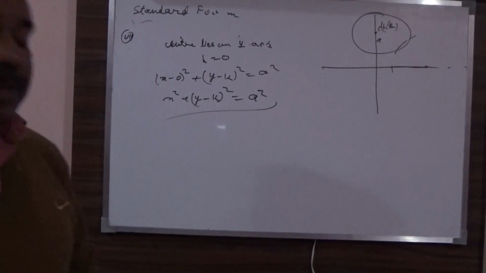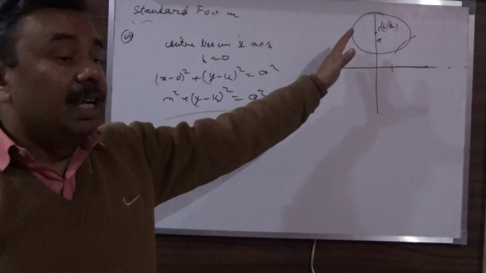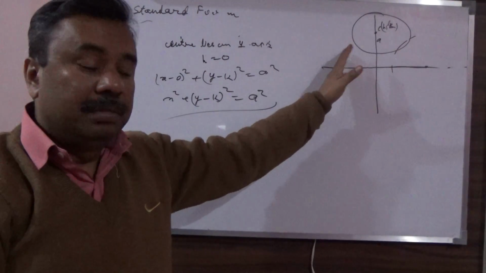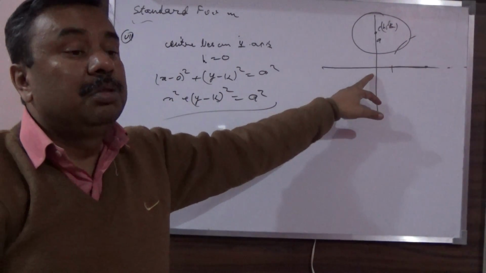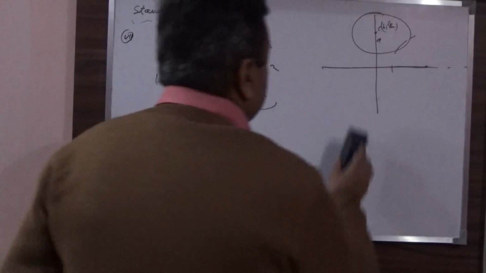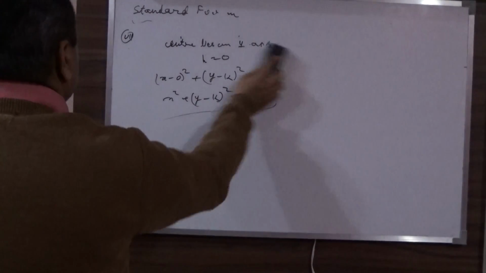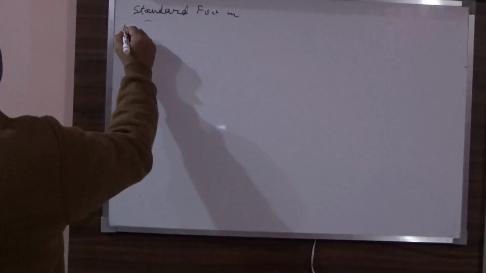This is your equation. Now in both the conditions, if another condition is involved, and that condition says that the circle is passing through the origin also, okay, I shall start with the x-axis. This is your 8th condition.